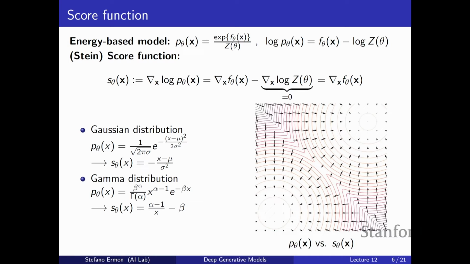The intuition is that S theta, which is the score, provides an alternative view of the original function, where you look at things from the perspective of the gradient instead of the likelihood itself.